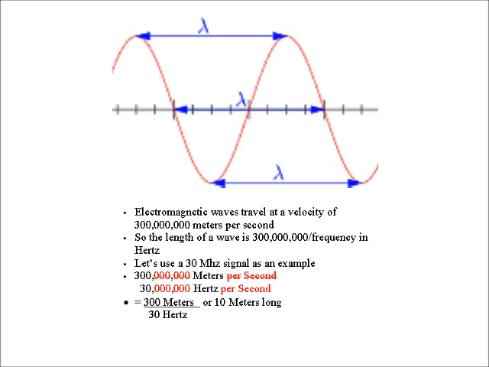Do you know now why they call it the 10 meter band? That's one of those things that's always kind of interesting. How did they come up with this term meter band? Well, that's the actual example of it. In fact, when you're dealing with light, they measure light in angstrom units, which is a very small fraction of a meter.